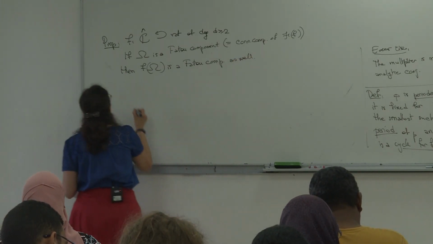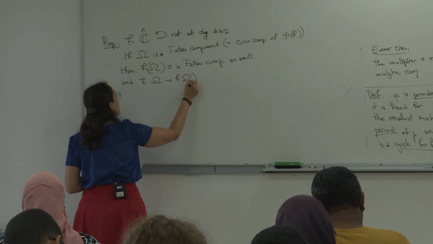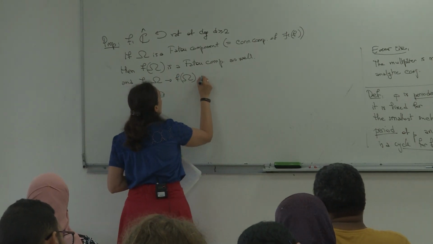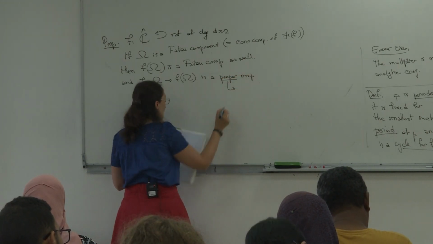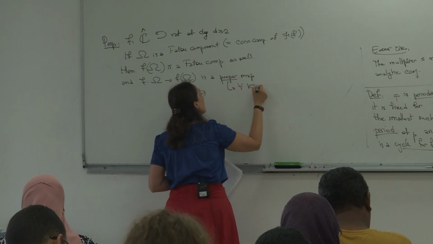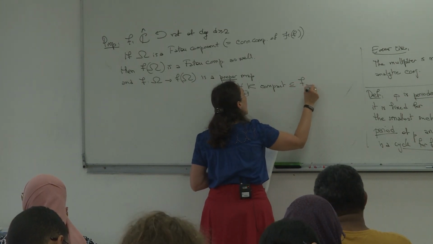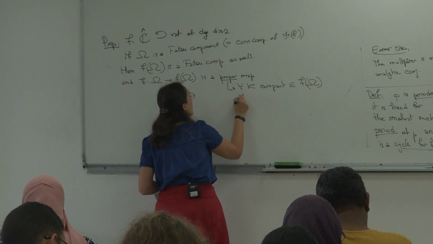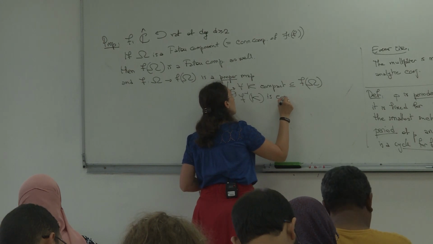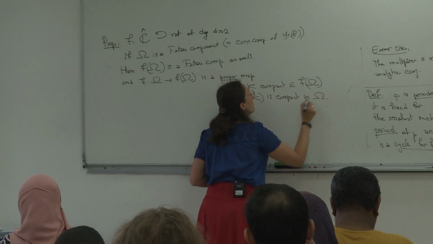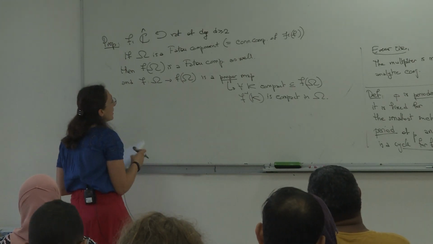And moreover, f from omega to its image is a proper map, where proper means that for every compact set contained in f of omega, the preimage of this compact set is also compact in omega. This is the definition of a proper map in case you didn't have it in your minds.